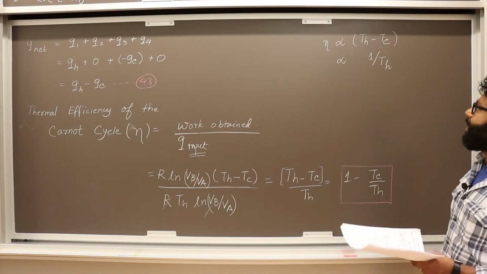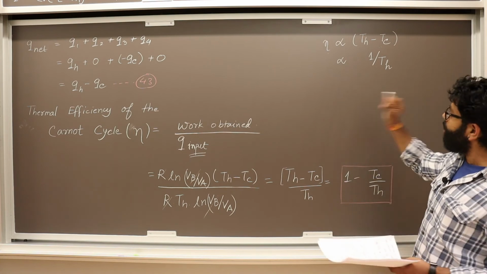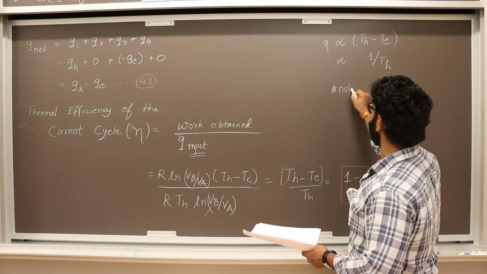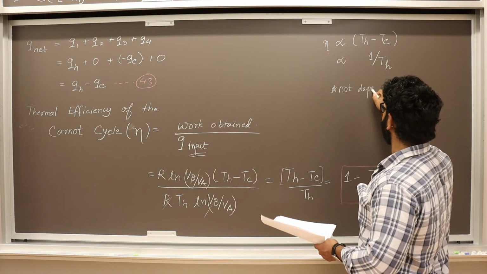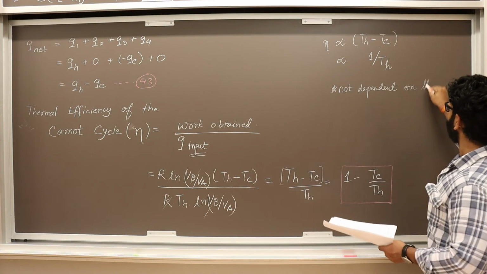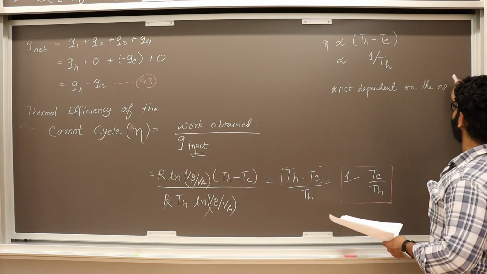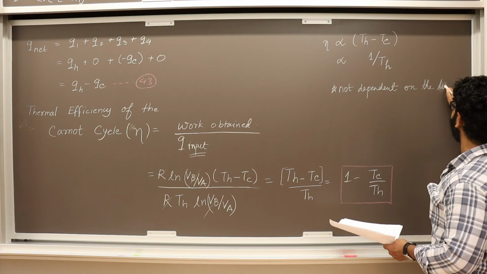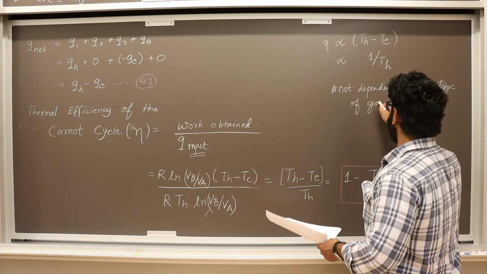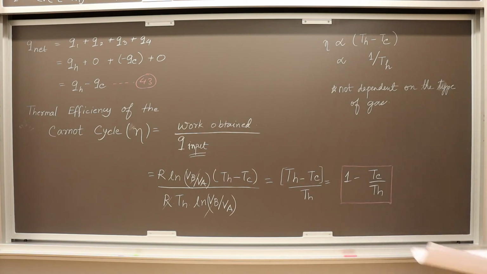The third thing that comes out is that the efficiency is not dependent on the nature of the gas, the type of gas. You don't see any term related to CV or CP.